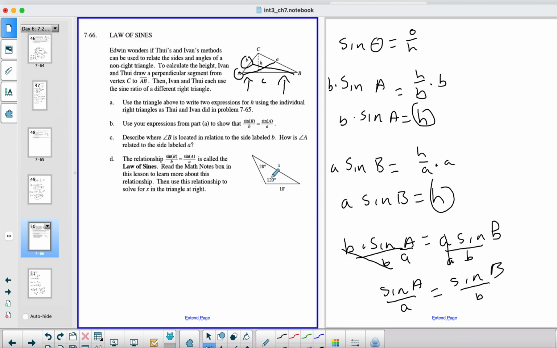So I'm going to go across here, right? I have this sine of 120 divided by the side across from it equals the sine of 28 divided by the side across from it.